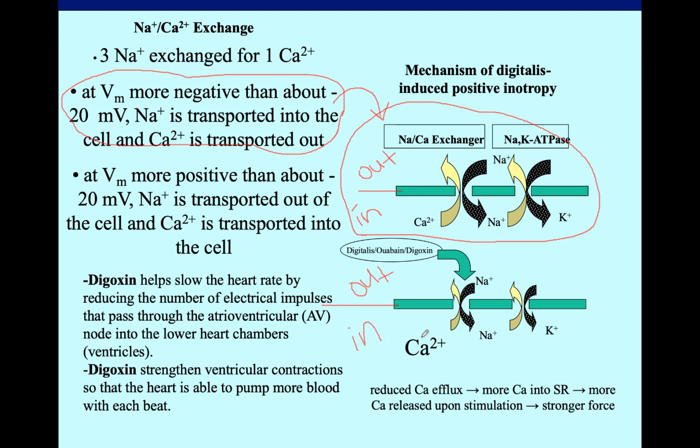Normally at rest, you want to be pumping a lot of calcium out of the cell. But when you take these medications, they bind to the sodium-calcium exchanger, and they don't shut it down, they just slow it down. So we still pump calcium out, but much less. You're still pumping sodium in, but much less.